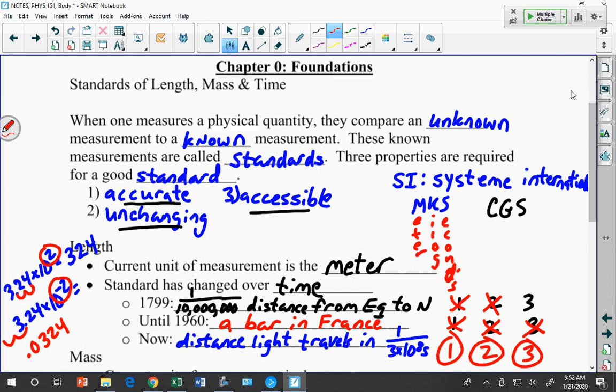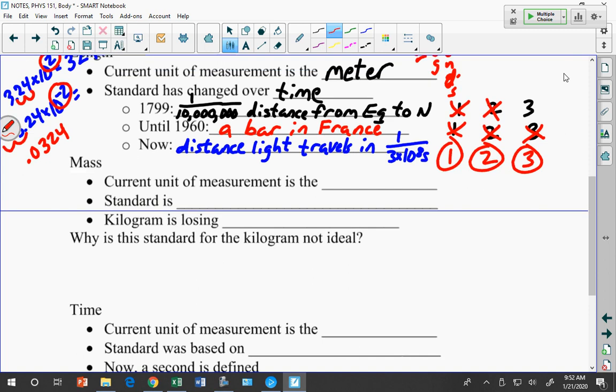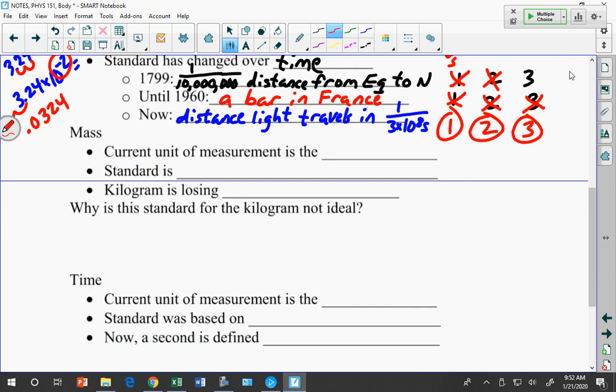All right. The mass is one of the more interesting because it recently changed. The current unit of measurement in the MKS system is the kilogram. In the past, the standard, these notes are old, they just changed this, I'm going to say the standard was a cylinder in France.